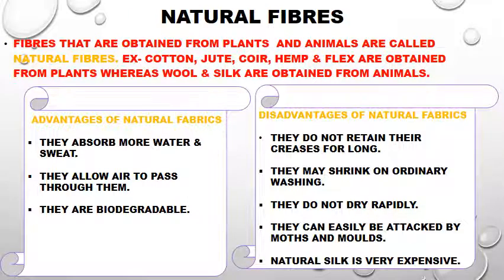Let us study natural fibers first. Natural fibers are the fibers that are obtained from plants and animals. For example, cotton, jute, coir, hemp, and flax are obtained from plants, whereas wool and silk we get from animals.